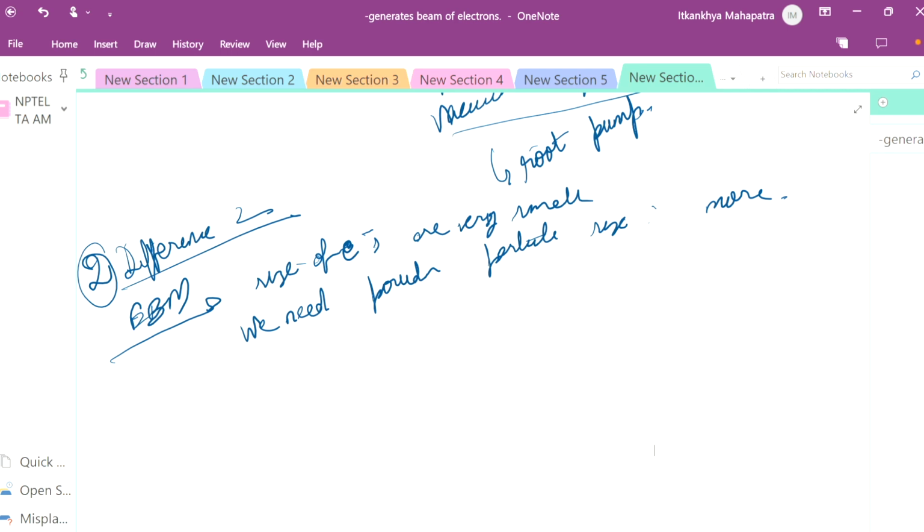So we need a powder particle size of bigger diameter, since the size of electrons is very small.